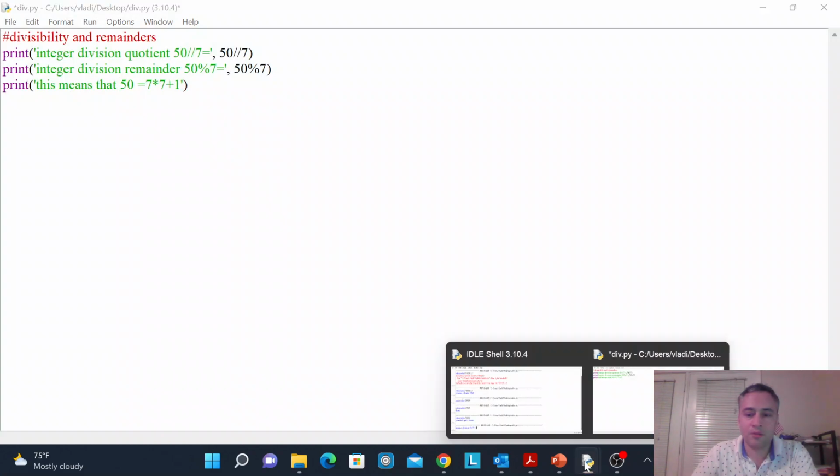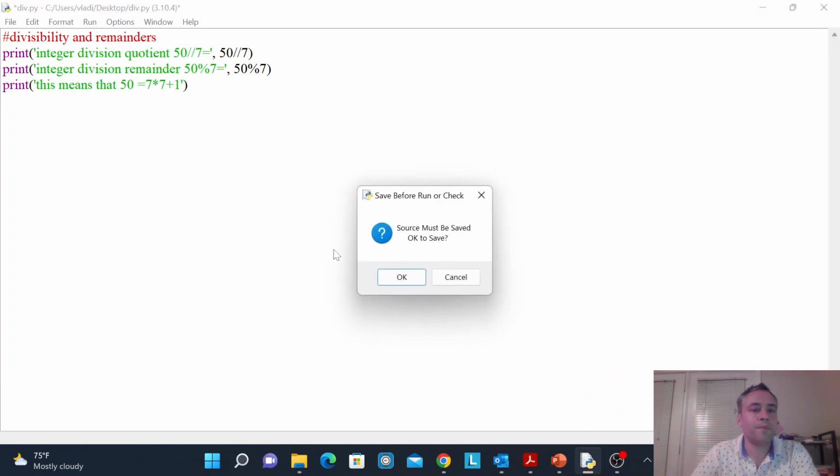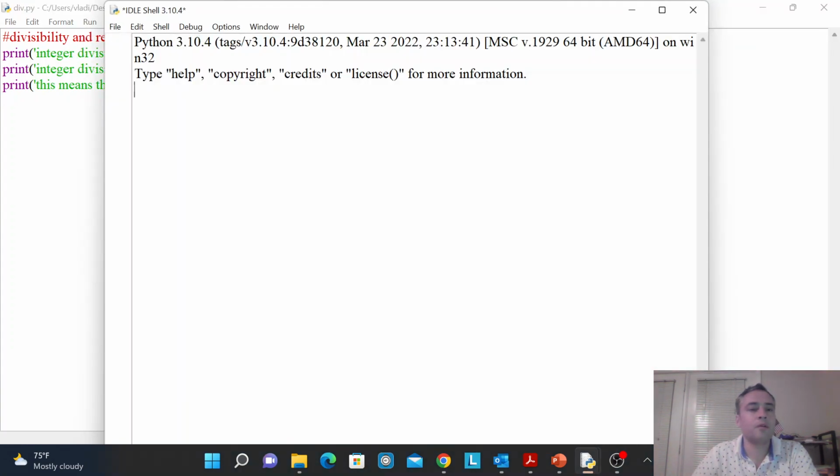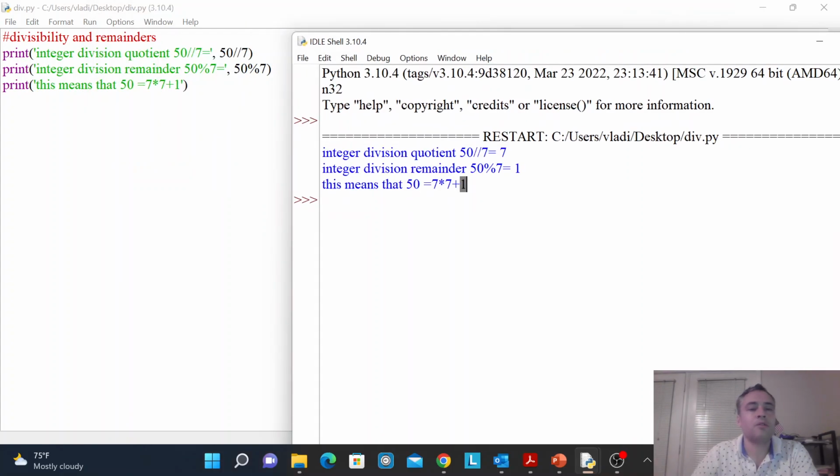Okay, run. So integer division quotient 7, integer division remainder 1. What this means is that 50 divided by 7 equals 7, 7 times 7 is 49, plus remainder 1, 50. All right, so that is reminding you what a remainder is.